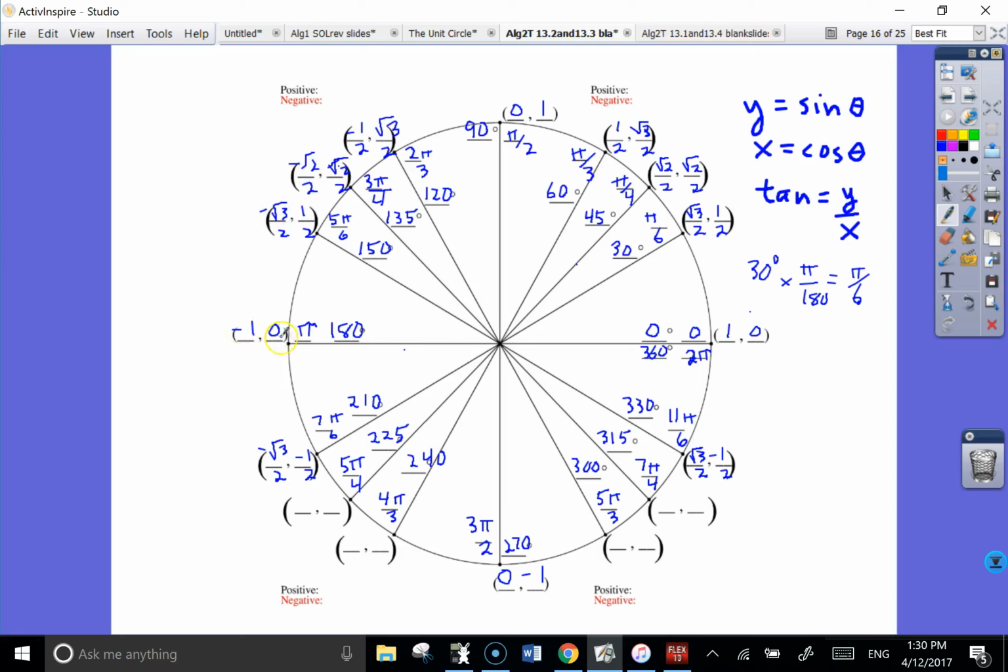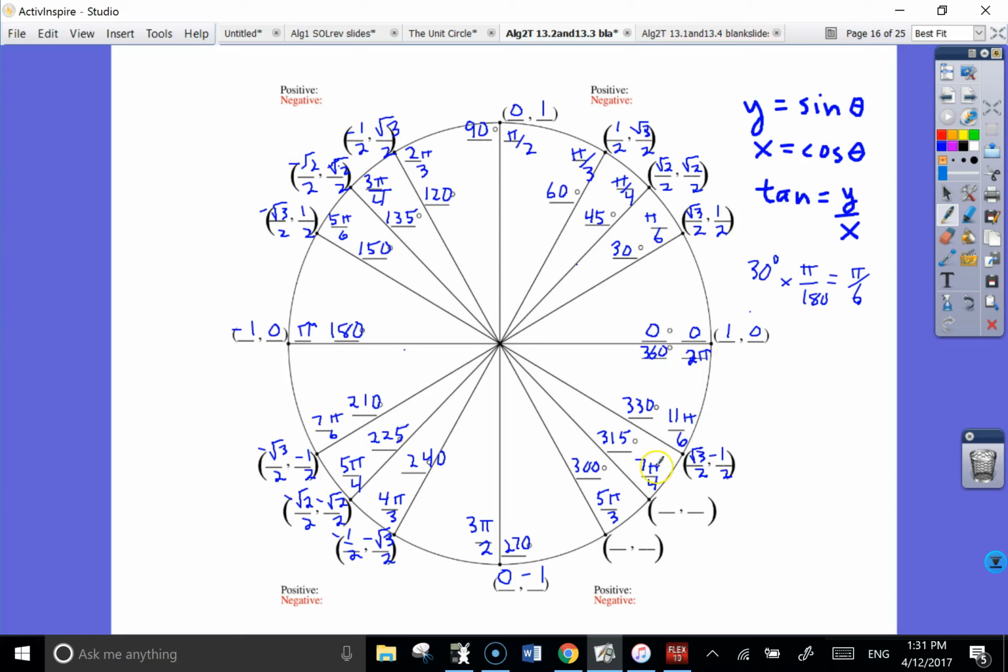Okay, now we can do the same thing going into the third quadrant. Start with pi, 180 degrees, 0, negative 1/2, negative root 2 over 2, negative root 3 over 2, and negative 1. And then go back from 0 at 270 degrees to the left. 0, negative 1/2, negative root 2 over 2, negative root 3 over 2.